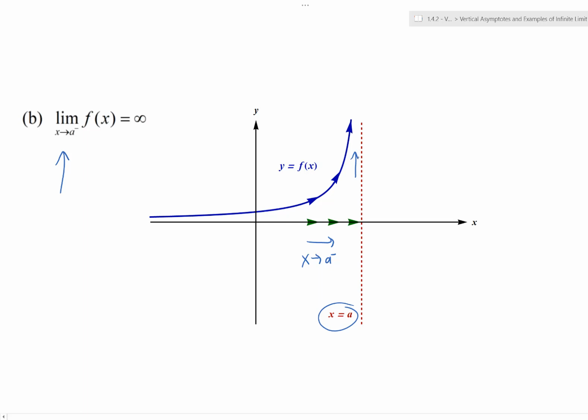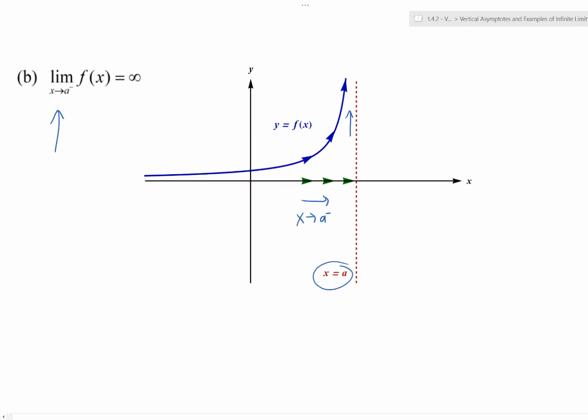So if that happens, then the vertical line x is equal to a is a vertical asymptote for the function f of x. To summarize the first two cases: if x is approaching some real number a from the left or the right, and the function is blowing up towards infinity, then x is equal to a, that vertical line, is a vertical asymptote of the function f of x.